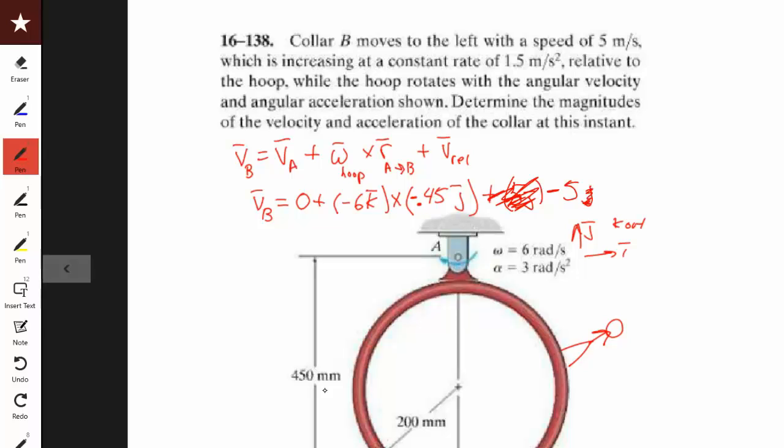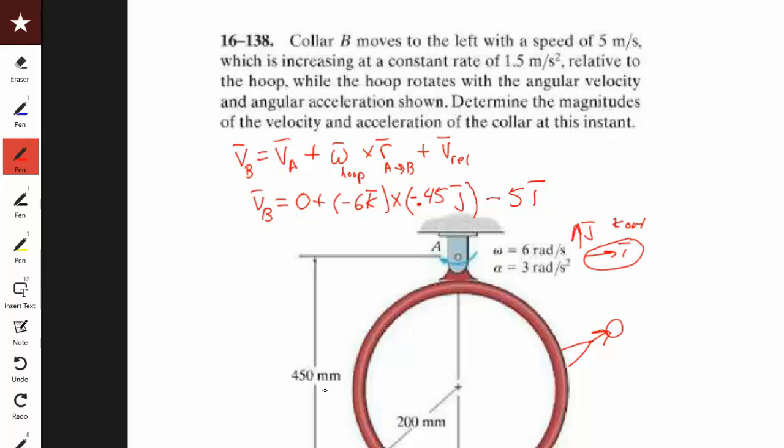Let me erase this. It's moving this way, which is negative I. So let me fix that. And so there is omega cross R. The V rel is a minus 5 I. It's going a speed of 5, and it's going to the left. That's what it looks like to me that it's doing.